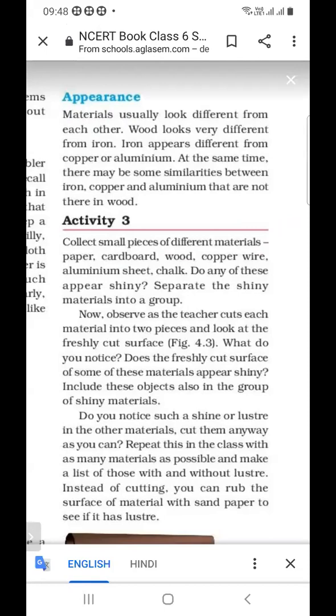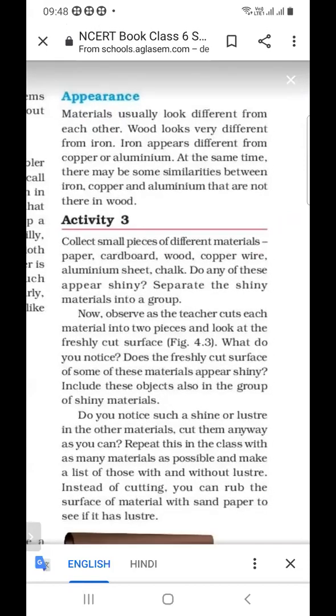And in the universe, every material is different from another. Suppose wood is different from iron and iron is different from aluminium. At the same time, there may be some similarity between iron, copper, and aluminium that is not there in wood.